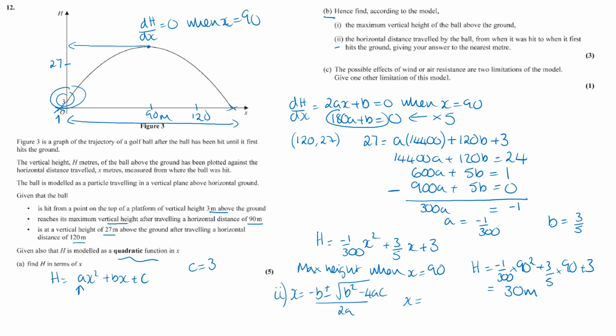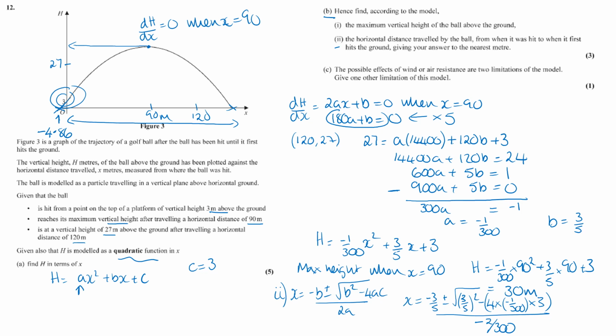So x is equal to minus 3/5 plus or minus the square root of 3/5 squared minus 4 times a, minus 1 over 300, times c, which is 3, all over minus 2 over 300.